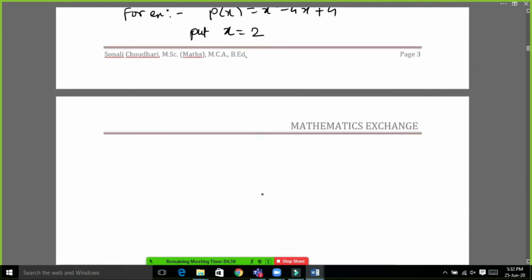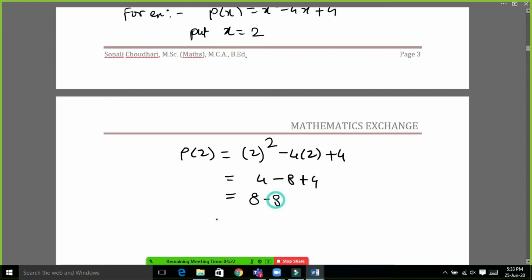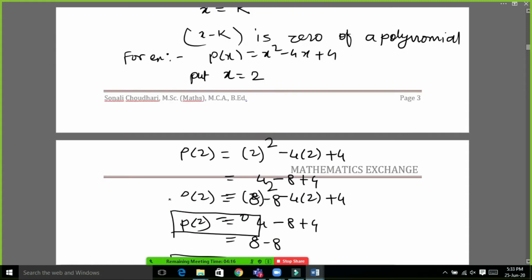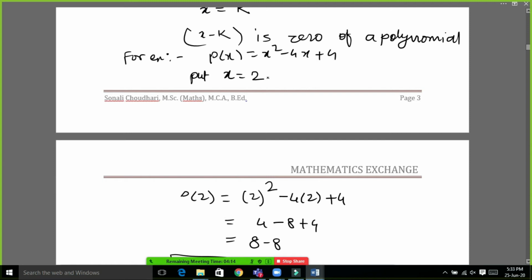So instead of x, put 2. p of 2 is equal to 2 square minus 4 into 2 plus 4. So p of 2 is equal to 4 minus 8 plus 4. So 4 plus 4 is 8, 8 minus 8 is 0. So p of 2 is equal to 0, then we can say that x is equal to 2, or x minus 2, is the 0 of the polynomial.